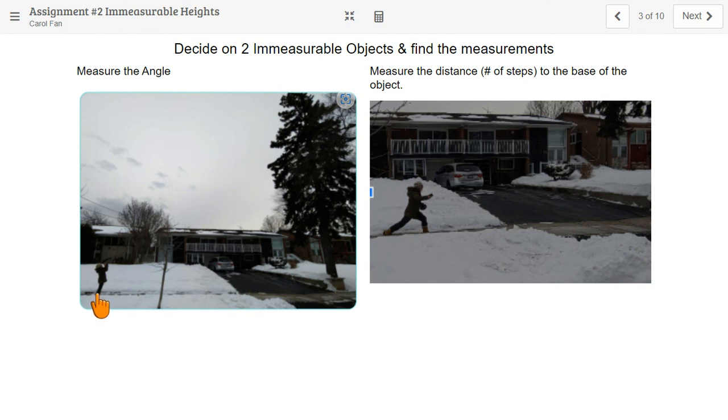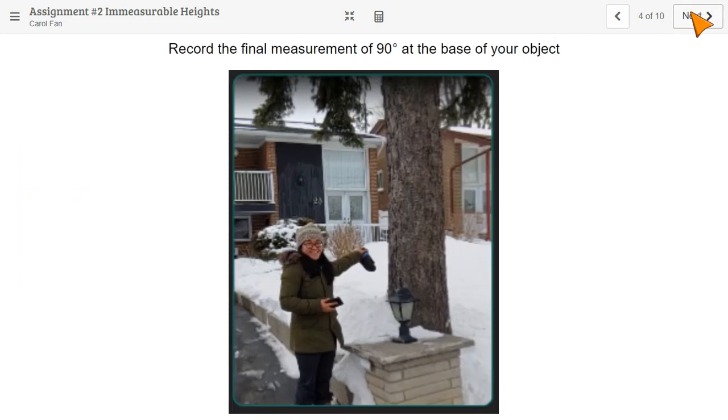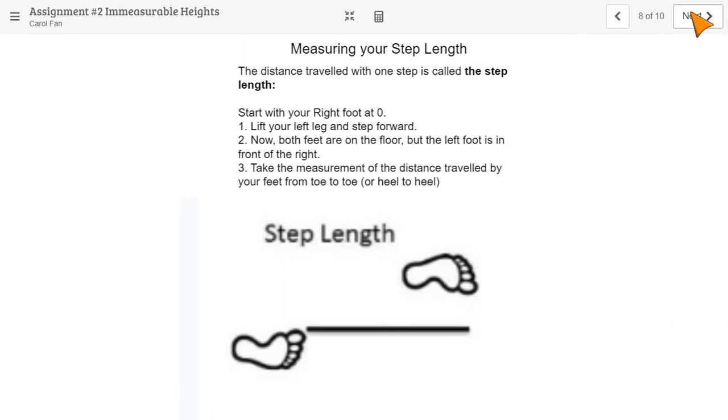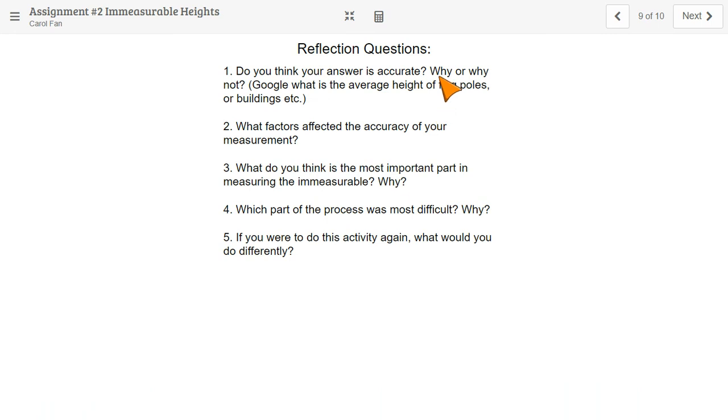Secondly, you're not going to be moving your feet until you are ready to count the number of steps it takes. After you have all of your measurements, you're going to use your trig ratios and everything you know about trigonometry to solve for the height of your tall object.